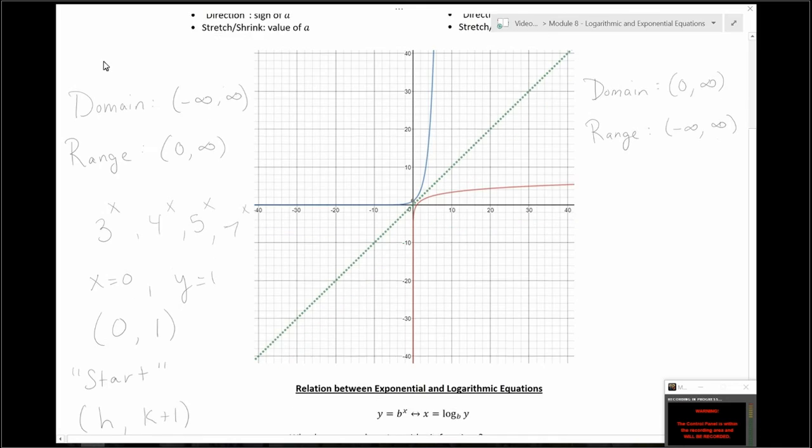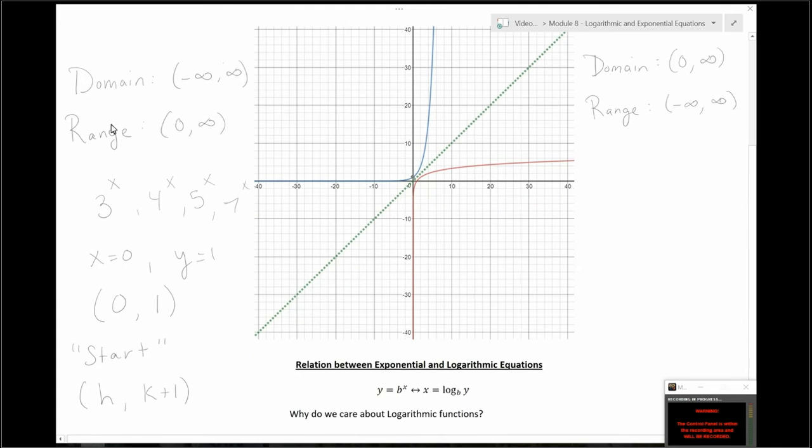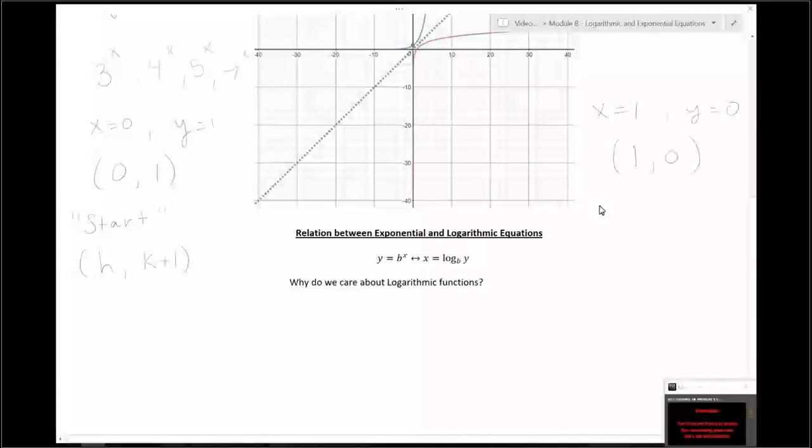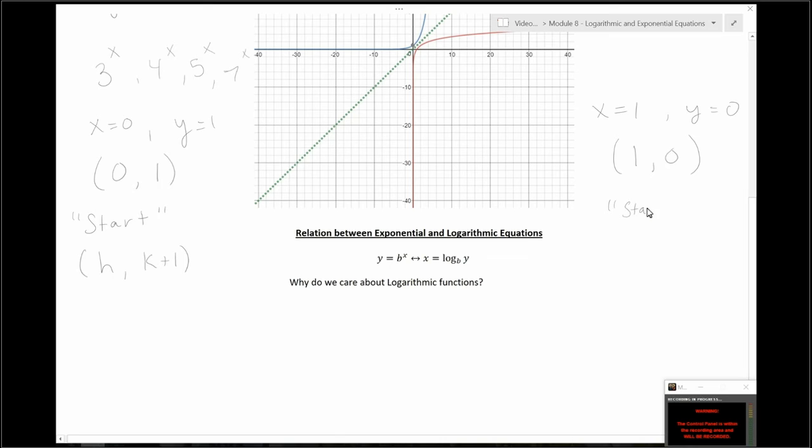Now, since logarithmic functions are supposed to be the opposites, the idea is if we plug in 1 into our basic logarithmic, then our output should be 0, because it's the opposite of an exponential. Which means that our start, when we're trying to draw a logarithmic function, would be h plus 1 and k.